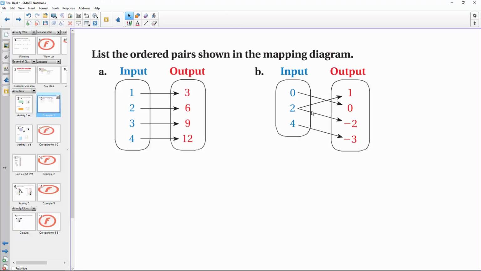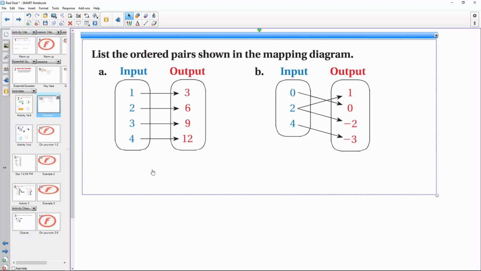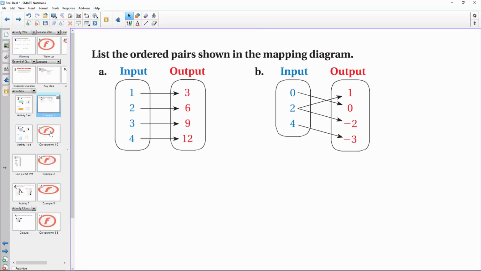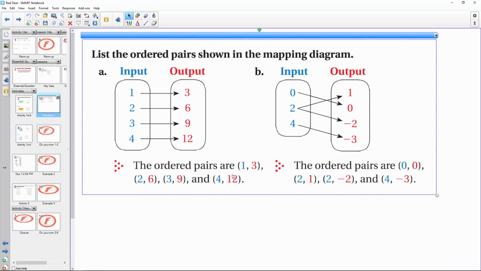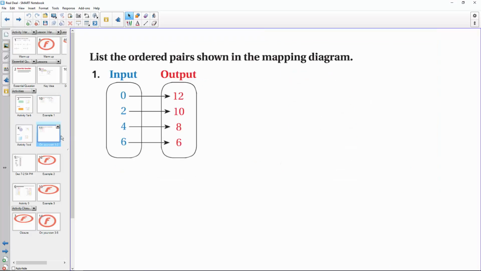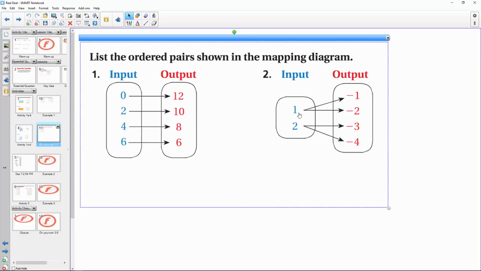On this one I have 0, 0, 2, 1, 2, -2, and 4, -3. And here they are. For this one, it says list ordered pairs. So I have 0, 12, 2, 10, 4, 8, 6, 6. This one here, I'll have 1, -1, 1, -2, 2, -3, and 2, -4.